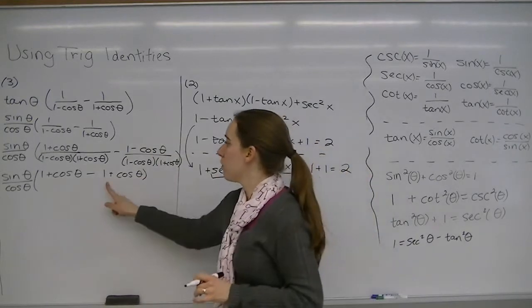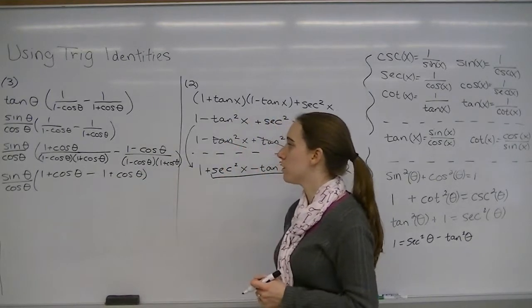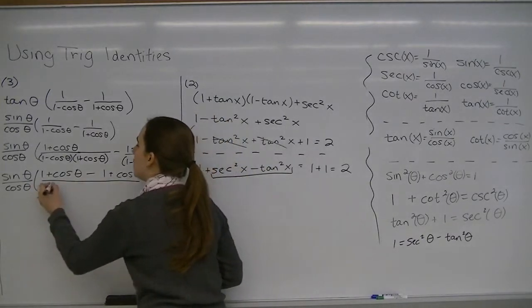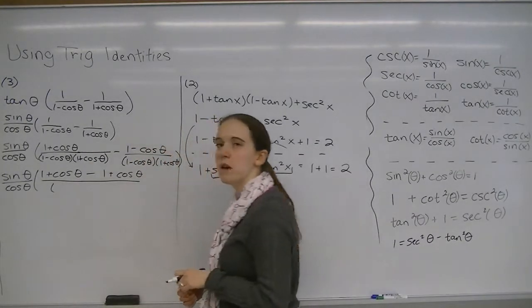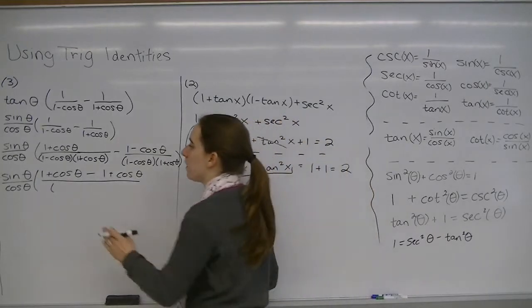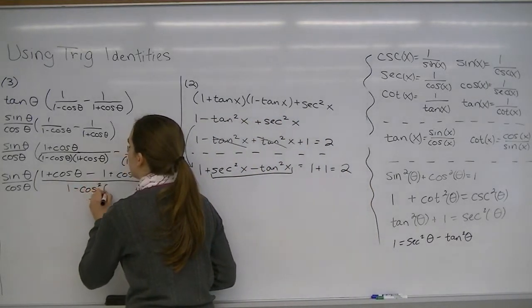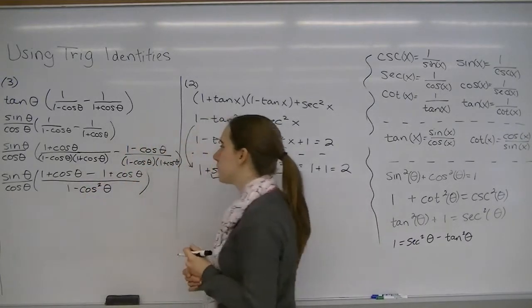Because the negative distributes to the 1, it also distributes to the cosine. And then, for my denominator, I can actually multiply those pretty easily, because that's going to give us a difference of 2 squares. So I get 1 minus cosine squared of theta.